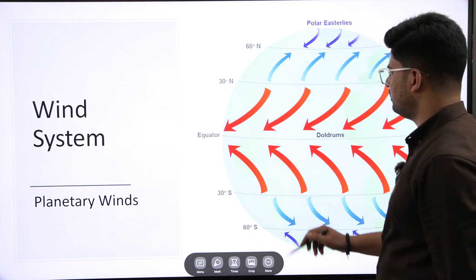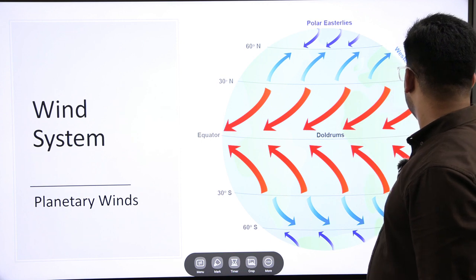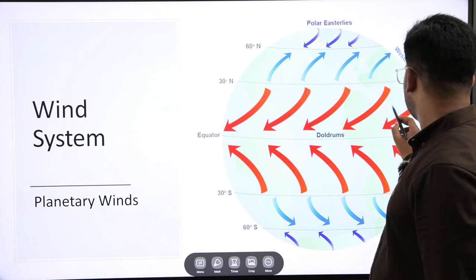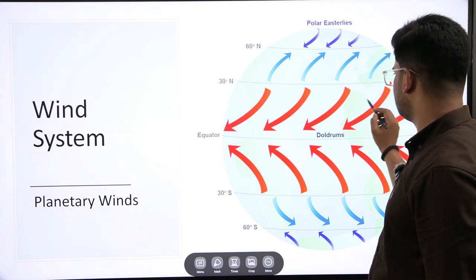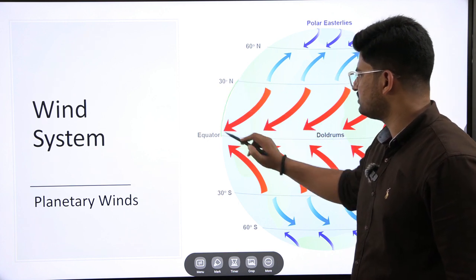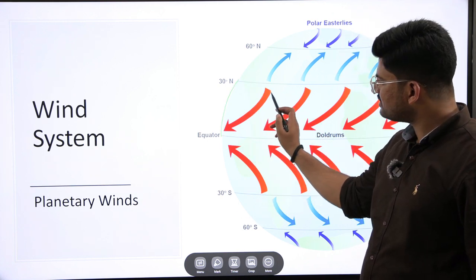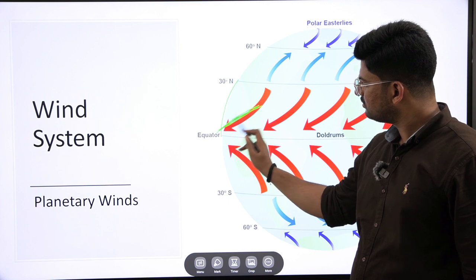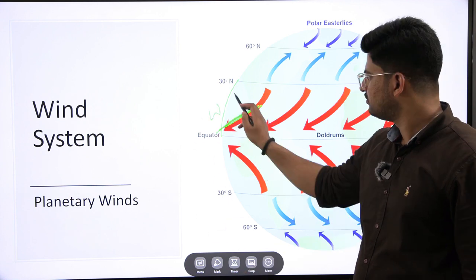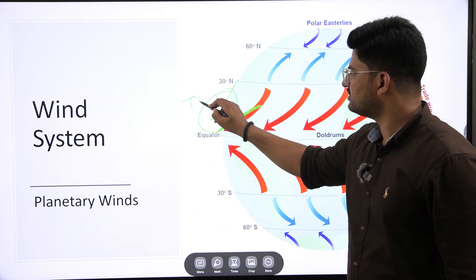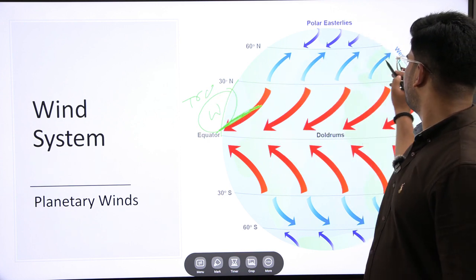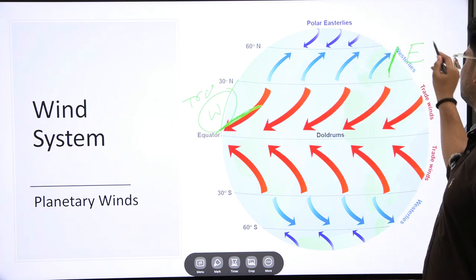See, this is the western section. So all the eastern side water is pushing towards the west side in the tropical region. Here, hot water is pushing towards the eastern side.